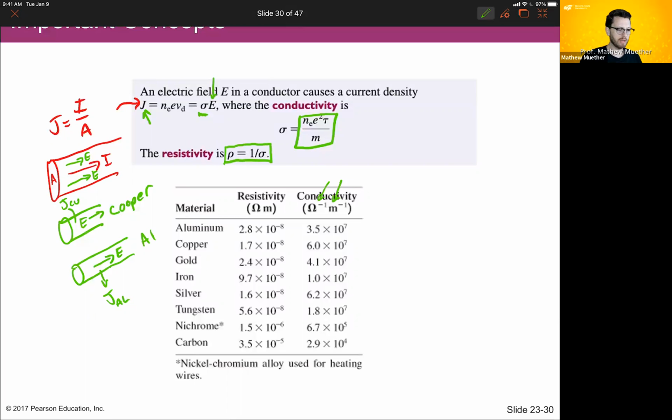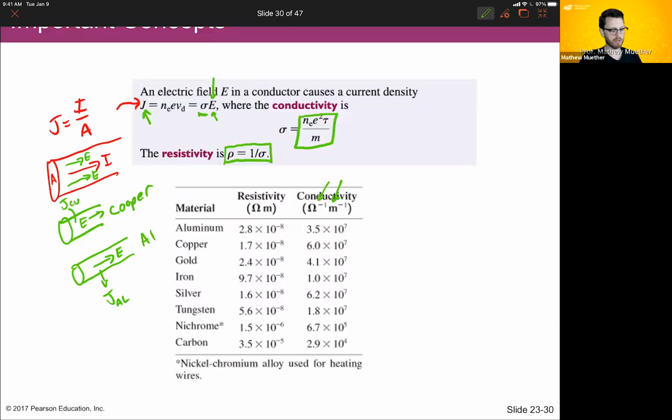Okay. So what does this number say? Imagine I have a fixed electric field. The higher the conductivity, the stronger the current density that will be produced. Materials that have a high conductivity will produce a lot of current per cross-sectional area for an applied electric field.